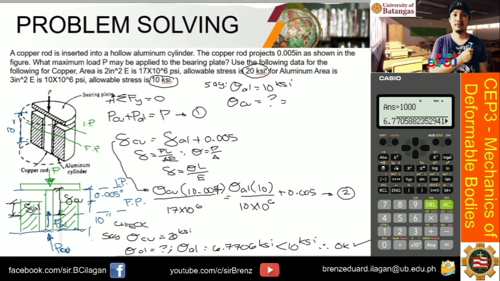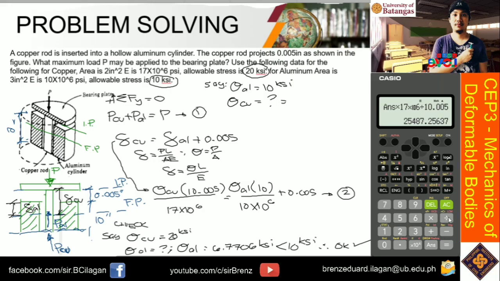Itong 10 KSI, substitute nyo dito. Okay? So, pindutin natin. So, we have 10 KSI. Convert natin siya to PSI, so times 1,000 o times 10 to the 3. And then, divided by 10 times 10 to the 6, plus 0.005, and then times 17 times 10 to the 6 divided by 10.005.